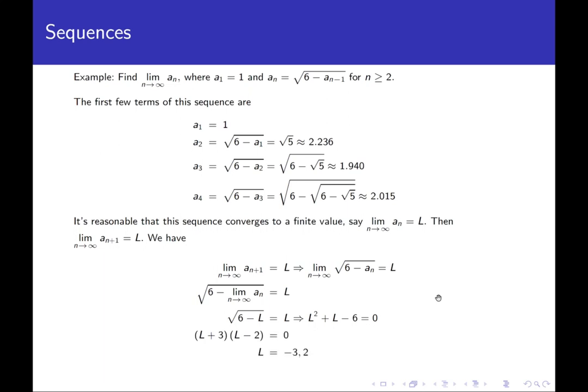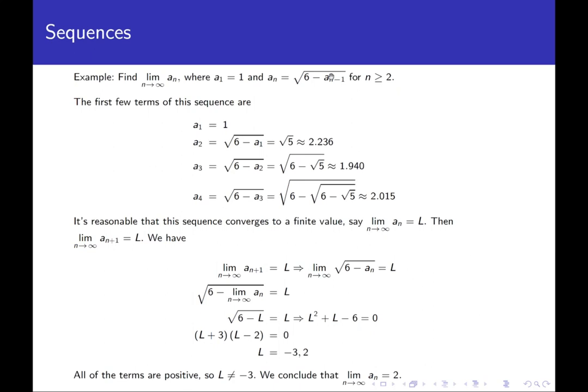That factors, and we get the two solutions of negative 3 and 2. Now, looking at these values here, these are certainly not negative, they're positive. So negative 3 doesn't make any sense. So we have to have that the limit has to be 2.